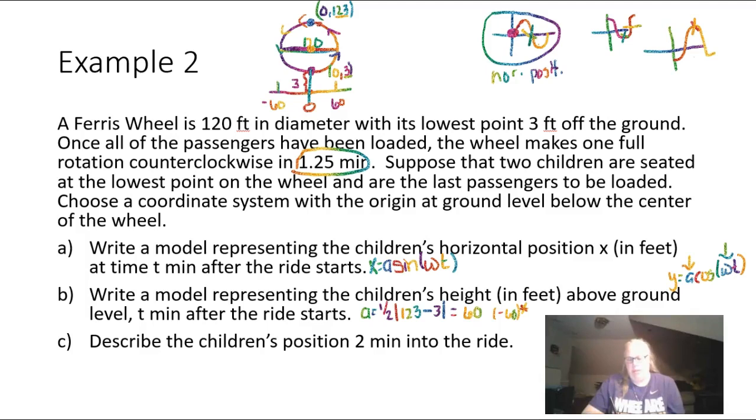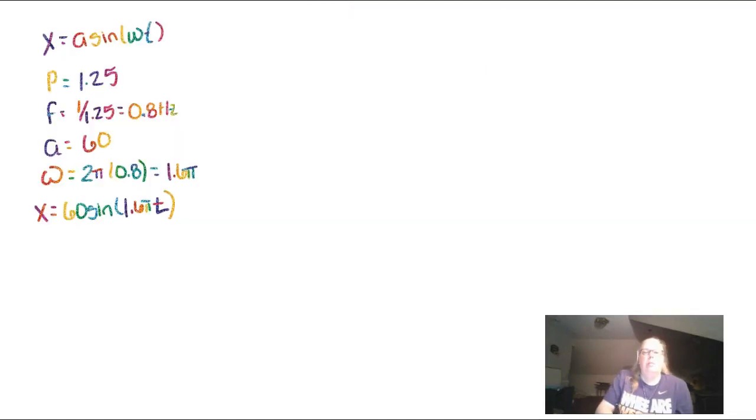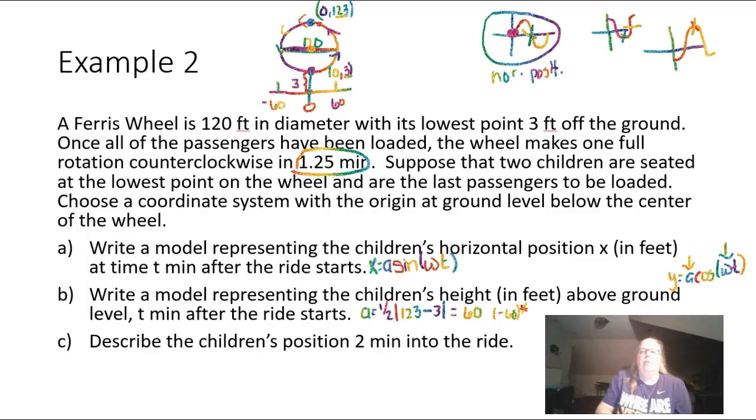You have to be careful because the vertical shift is not going to be 3. All right, let's come over here. We know y is going to be equal to a times the cosine of omega times t plus some sort of vertical shift.